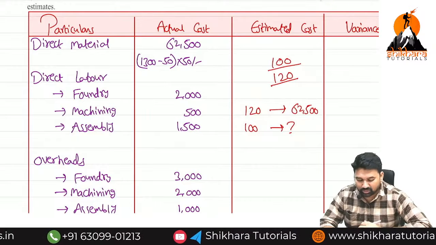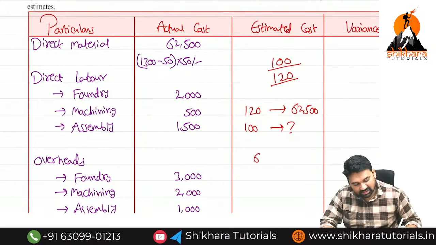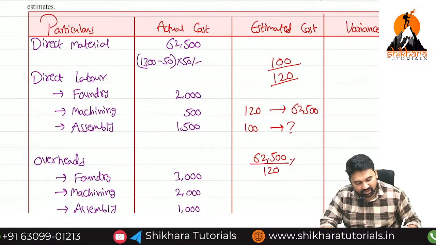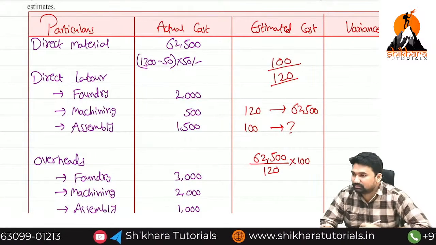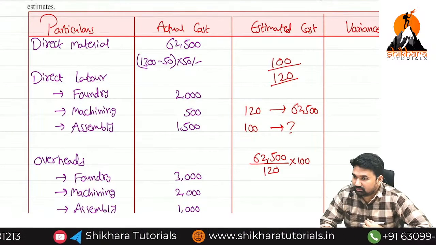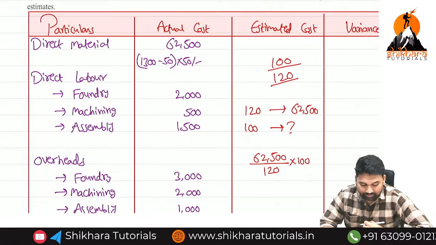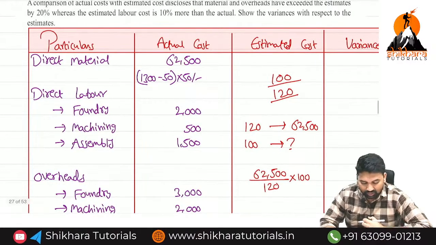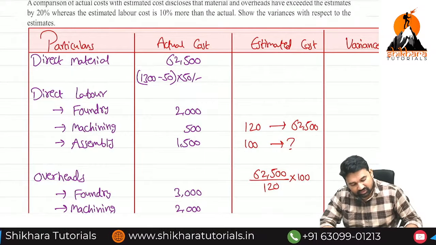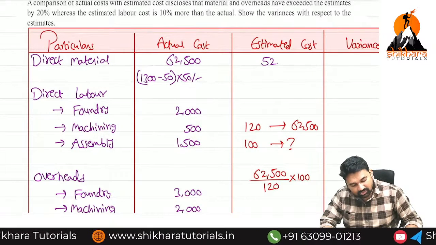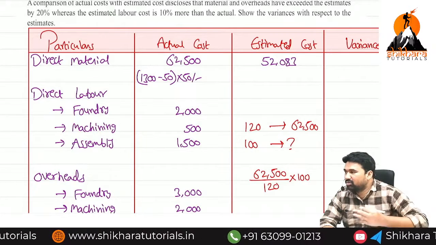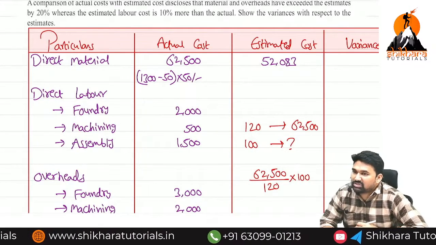Forget about percentages here, it will lead to unnecessary confusion. We will simply do this by calculation: 62,500 divided by 120 into 100. How much? 52,083.33. On rounding off, we'll mention it as 52,083.